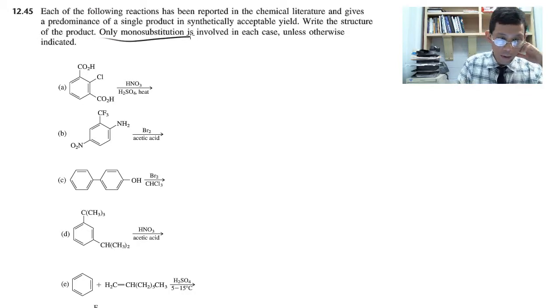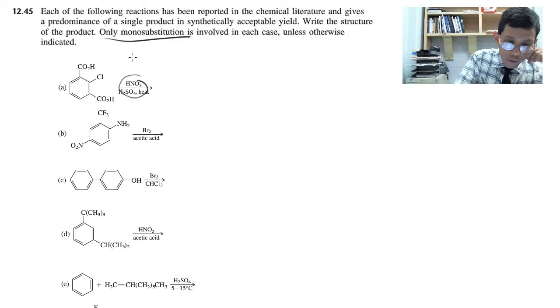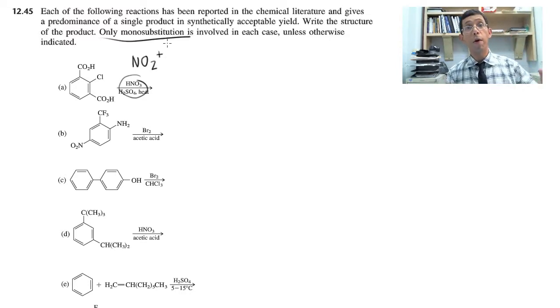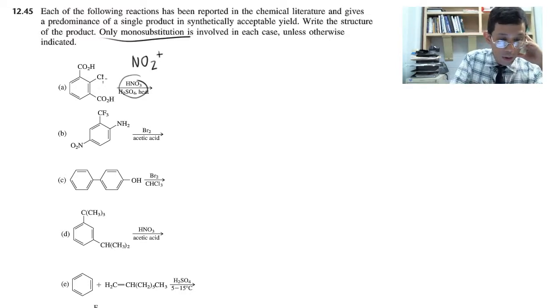Okay, number 1. Our reagents are HNO3, H2SO4, so our electrophile would be NO2 plus. So where would the NO2 go? We have two highly deactivating substituents and one slightly deactivating substituent.